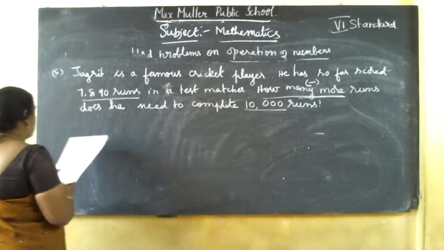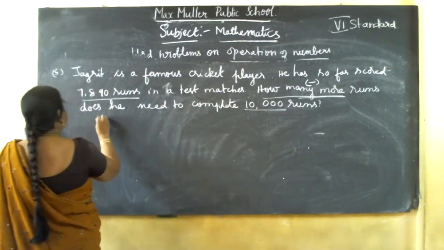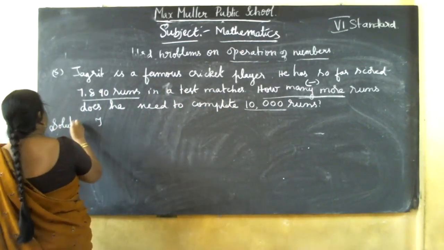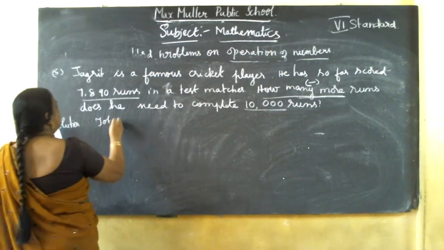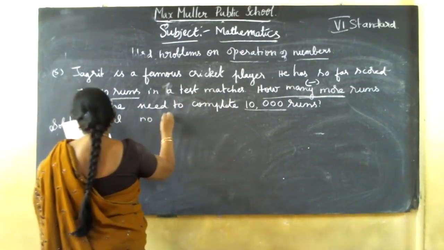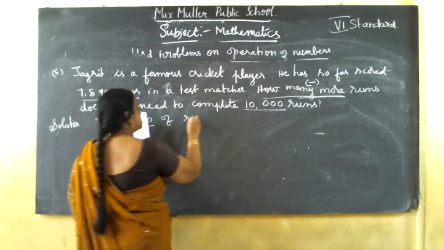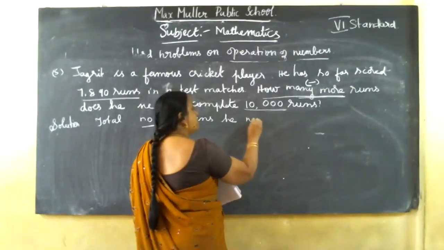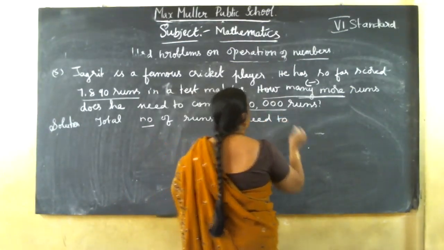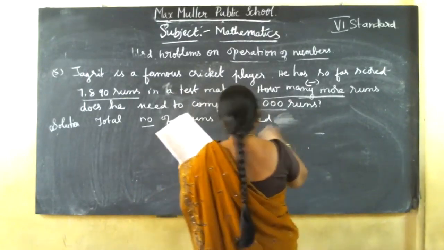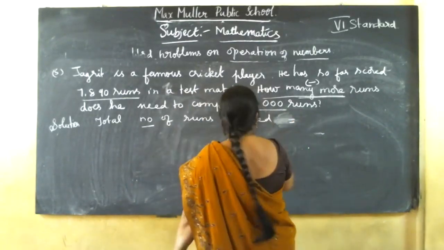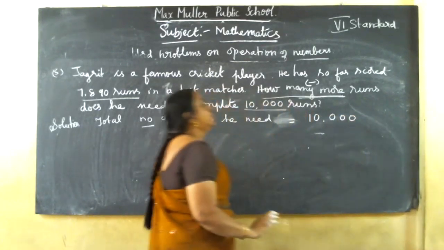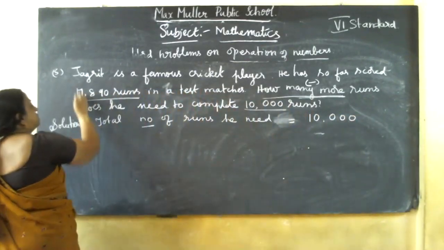Clear? Now here, solution. Total number of runs he needs is equal to 10,000 runs he needs to complete. So far how much has he completed? This much.